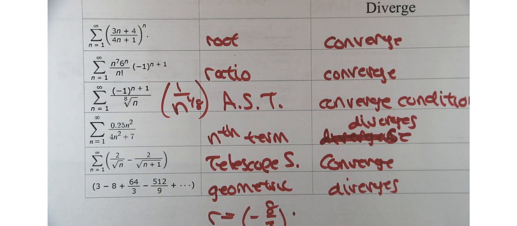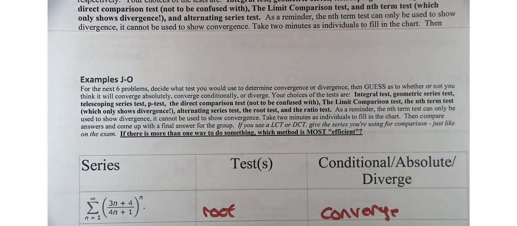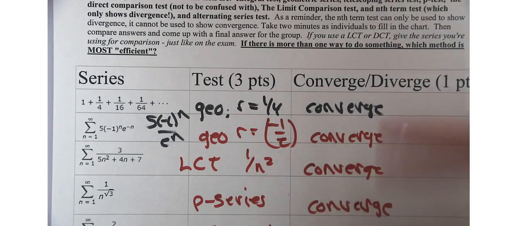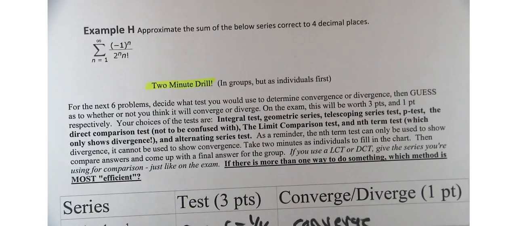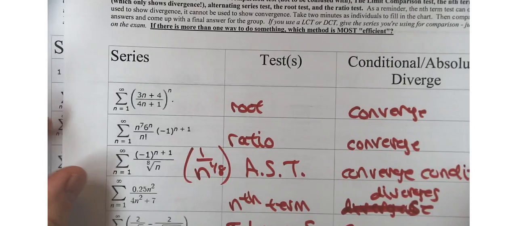Are there some series we should focus on more, like, comes out more than others? I've got a couple favorites in here, but I don't think there's anything that's going to really dominate, where most of the time you just use this one. I like the ratio test.